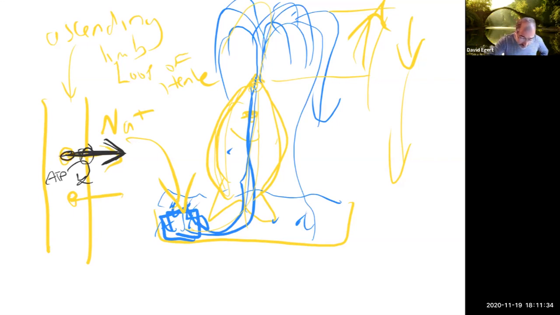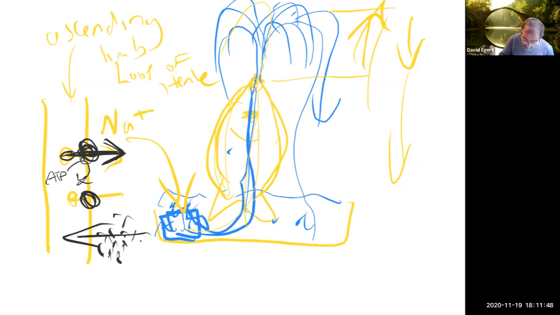The strength that this pump has matters, because remember, the more sodium I pump out here, the more I have a diffusion gradient that wants to make it move back in, right? As soon as I have more sodium out here than in here, there's a diffusion gradient. As soon as I start pumping sodium out, sodium wants to come back in.